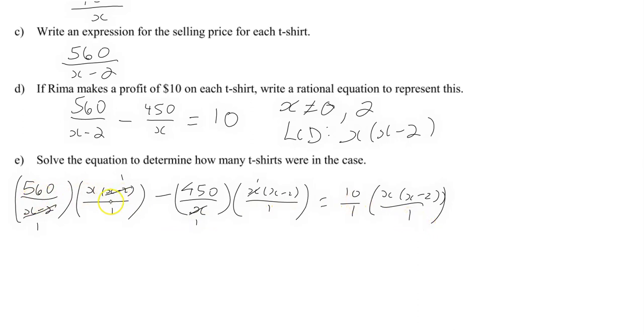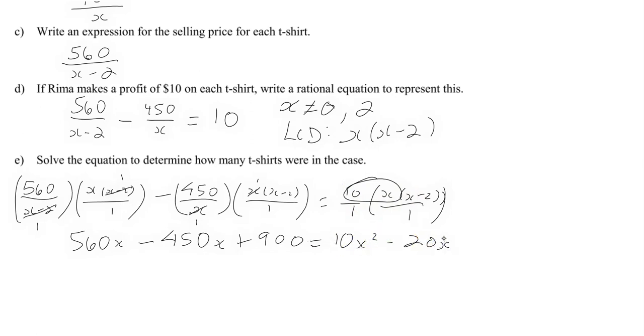Let's go through. So this will be 560x minus, okay, so we got a minus 450x. Minus 450 times negative 2 will be plus 900. 10x times x minus 2 is 10x squared minus 20x.